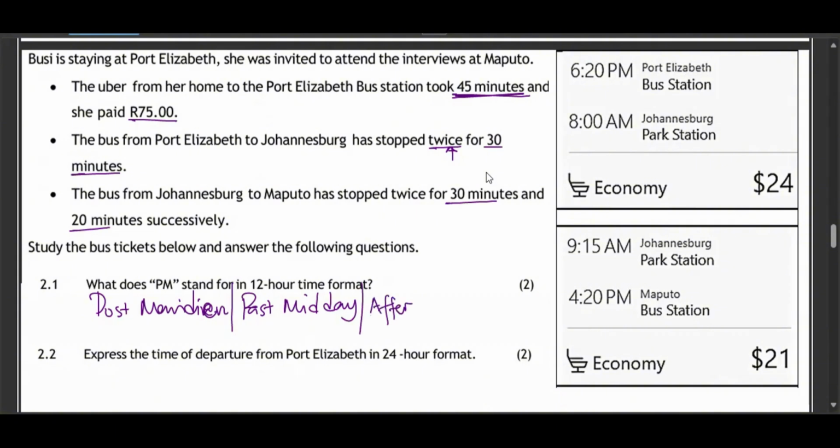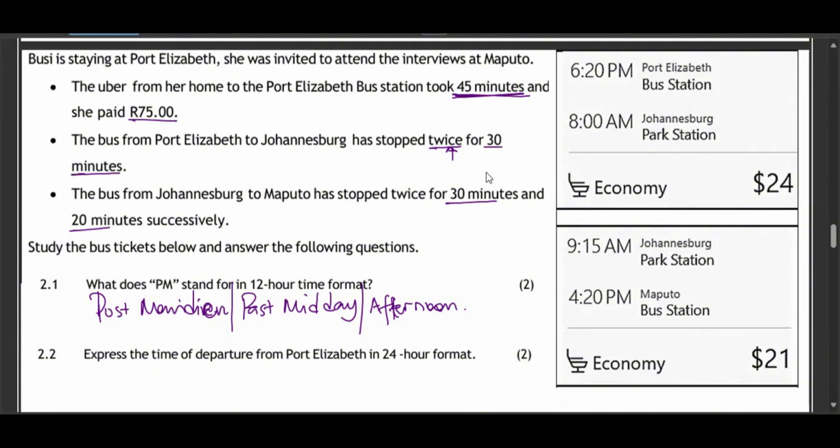In other words, they wanted you to give the meaning, though they asked what it stands for. Anyway, you would understand what it simply means. It means afternoon, like after midday, after 12 in the day.